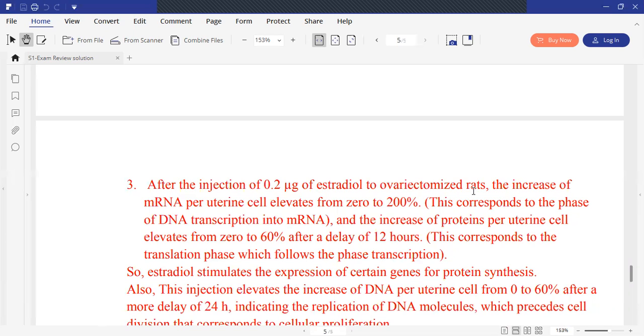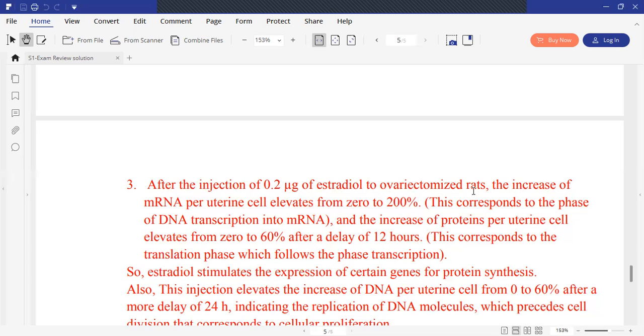After the injection of estradiol to the ovariectomized female, the amount of mRNA per uterine cell rises from 0 to 100. This is the phase of DNA transcription into mRNA. The amount of proteins per uterine cell rises from 0 to about 60% after a delay of 12 hours.